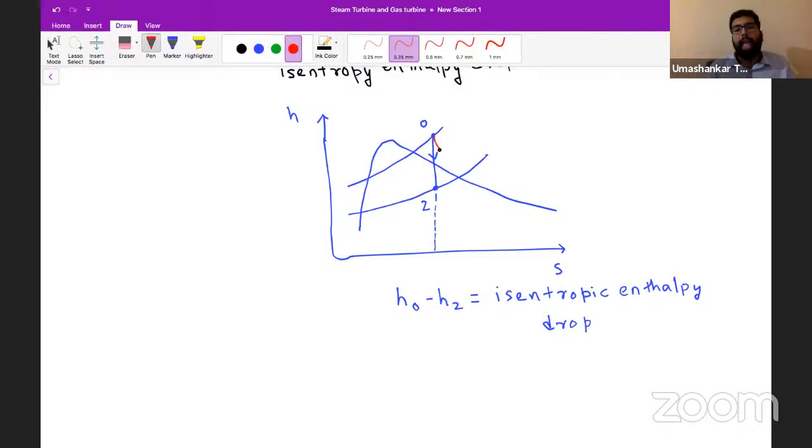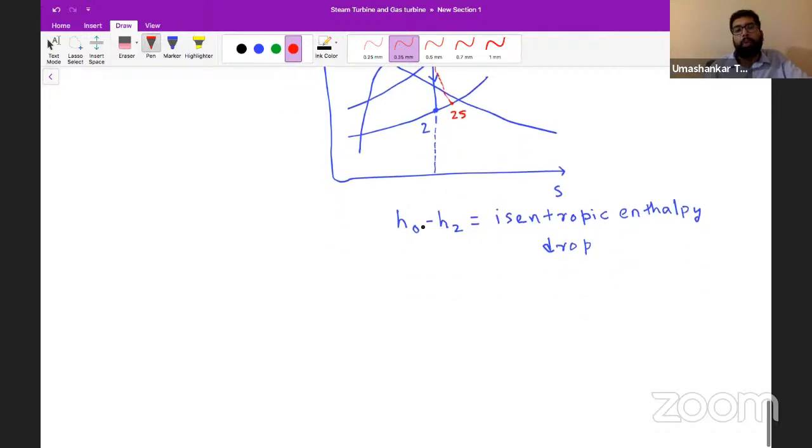Now, what is the actual change in entropy? As the flow is not isentropic in practice, our entropy will increase, and let us say this point is 2s.